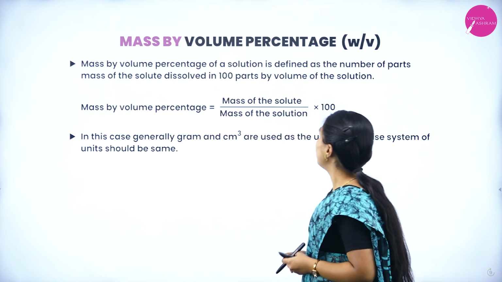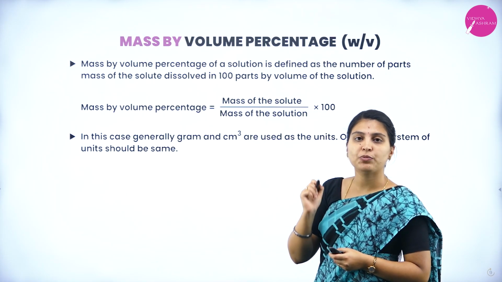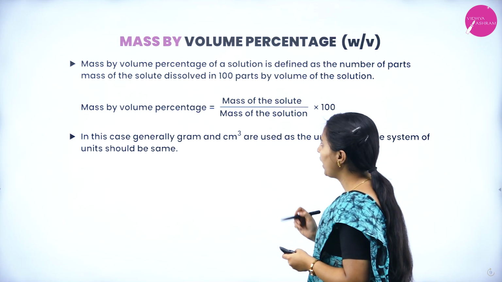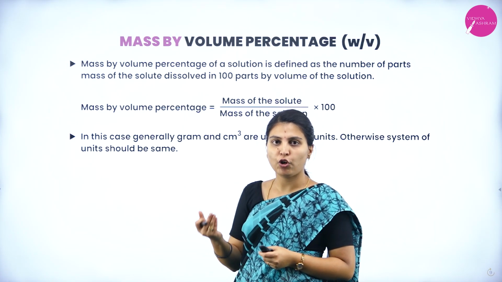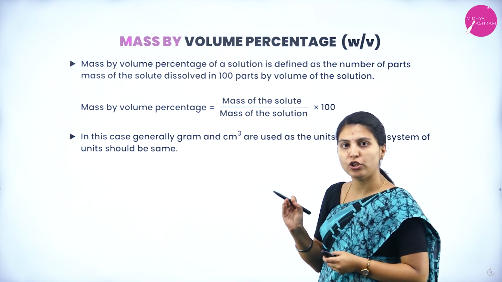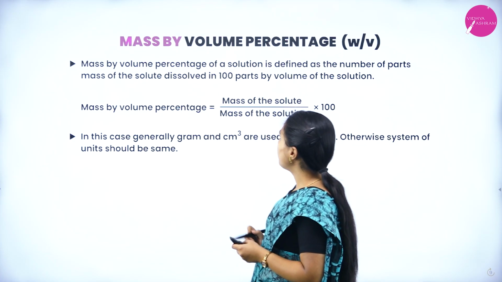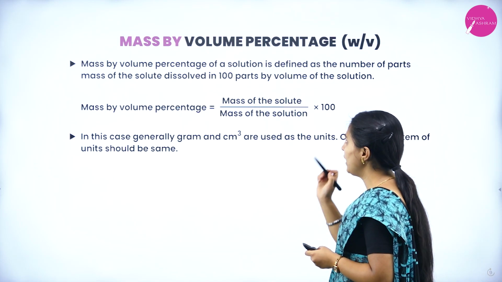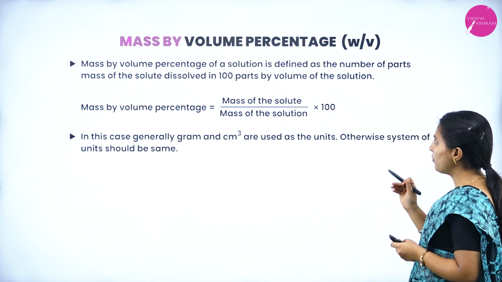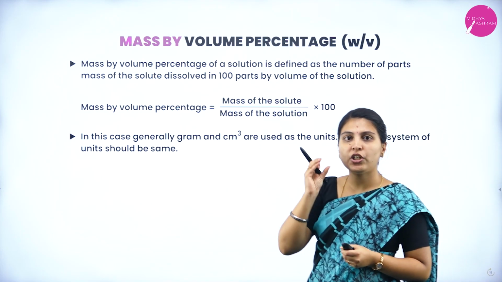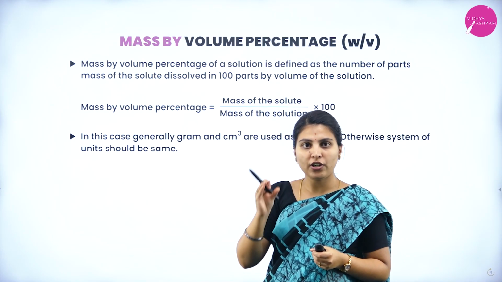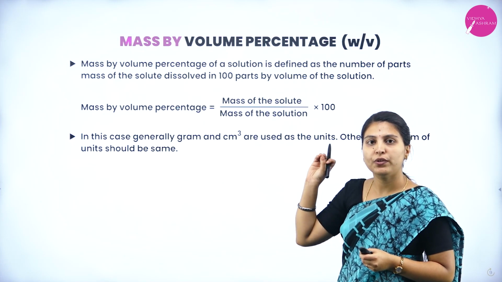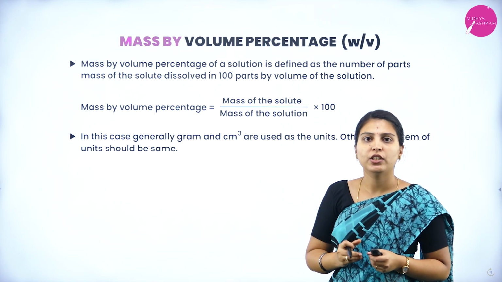Mass by volume percentage, it will be denoted by small m by small v. As I said already for mass percentage and volume percentage, like that only mass by volume percentage. Mass by volume percentage of a solution is defined as the number of parts by mass of the solute dissolved in 100 parts by volume of the solution.